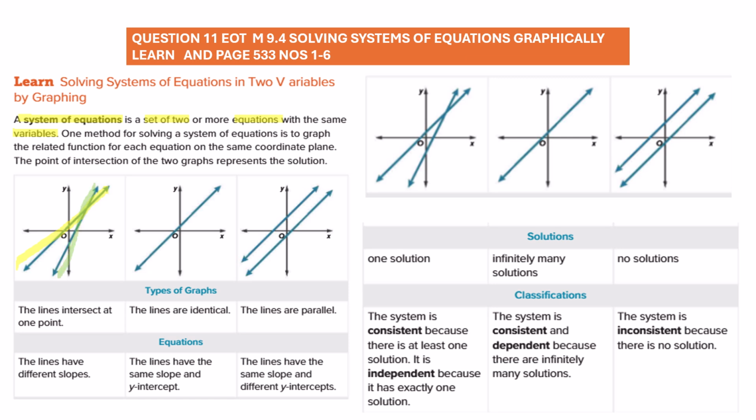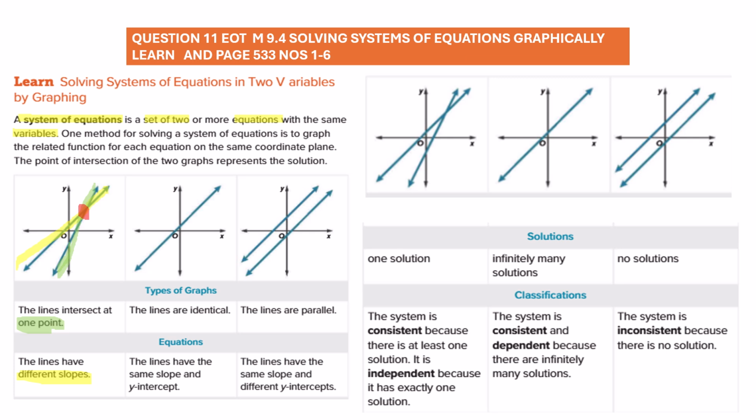So let us analyze this. We can see that the lines intersect at one point. This is the point of intersection. And we can also see that they have different slopes, right?